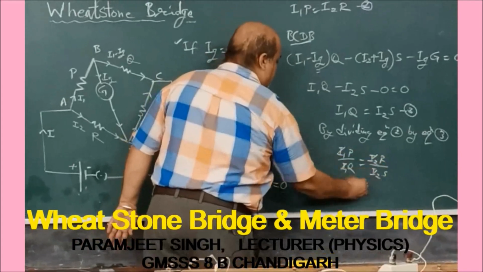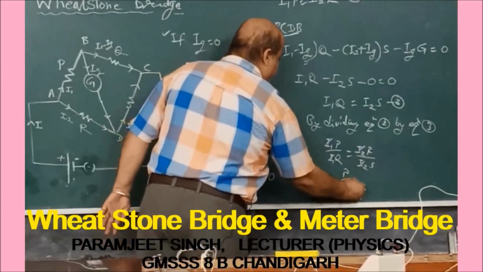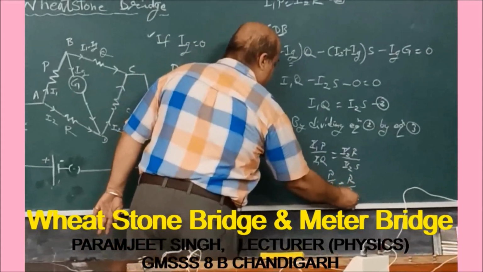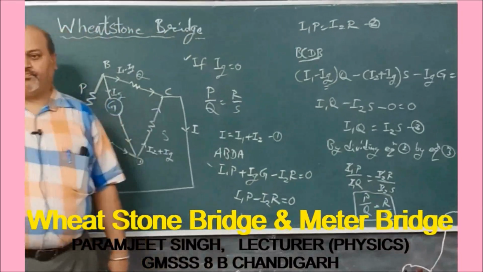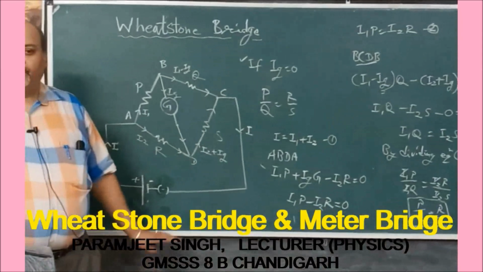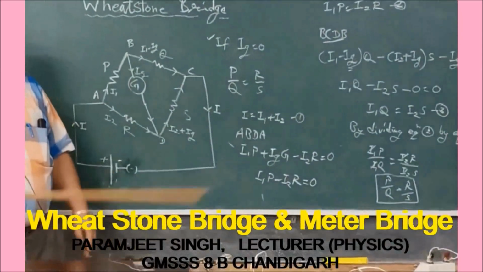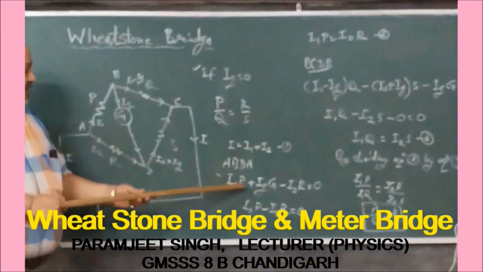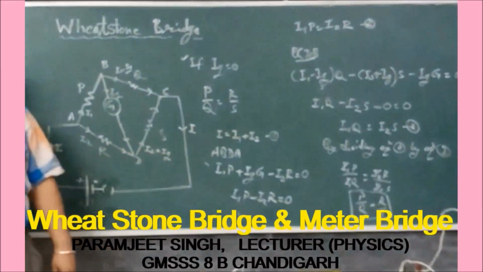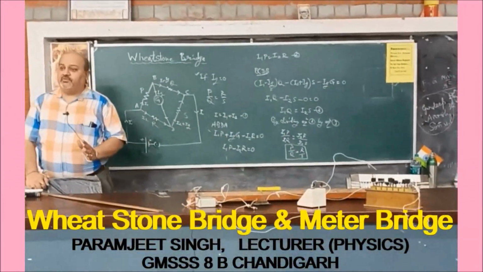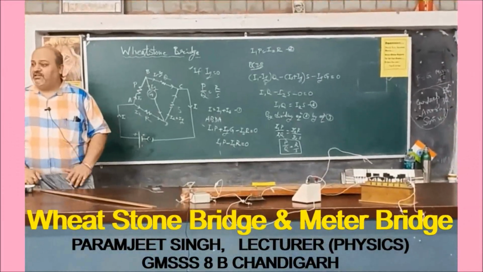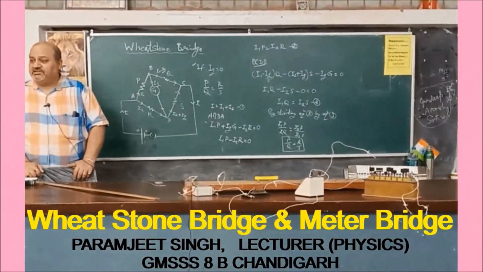I1 and I2 cancel, so P over Q is equal to R over S. We have proved that this is only true when IG is 0. Otherwise, if you divide this by this, you will not get the result, because P over Q equal to R over S is true only in case of balance.